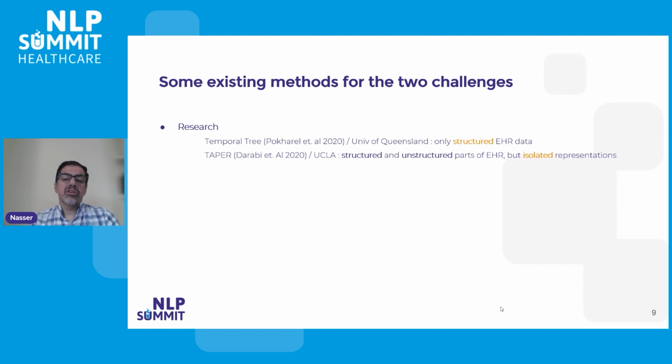It considers just structured data at different levels of temporal resolution. Another research work is TAPER, developed at UCLA, that considers both structured and unstructured parts with the temporal aspect, but the representations for the two types of data are isolated. And we need a unified approach to extracting temporal data.